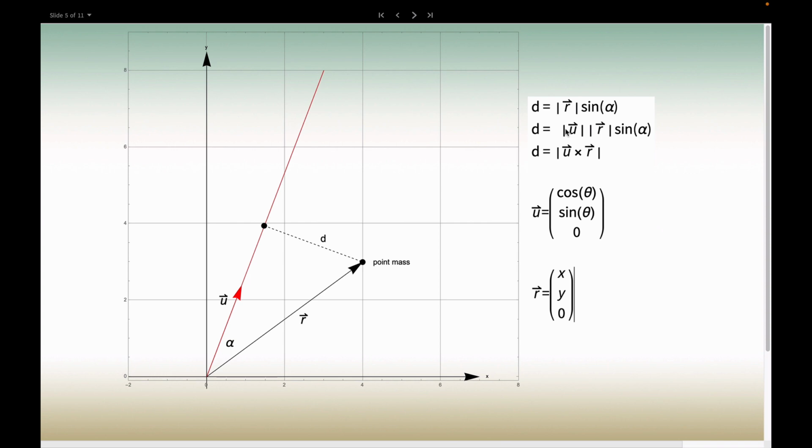Since u is a unit vector, I can insert the magnitude of u here without changing anything. And then we recognize this expression as being the magnitude of the cross product of u with r. So how we're going to find this distance right here is by evaluating the cross product of these two vectors.